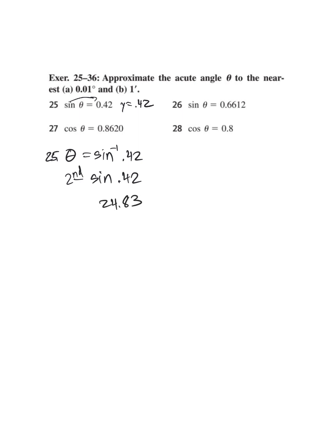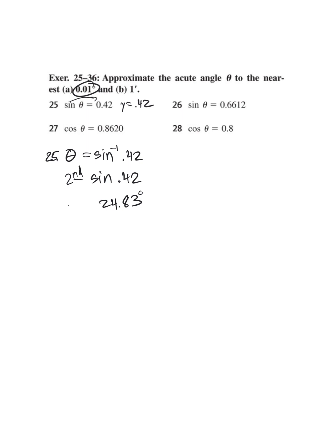24.83. So just to check it, if you put 24.83 and hit the sine of that as degrees, you get 0.419927. Okay, this says to the nearest 0.01 degrees, to the nearest hundredth. So that's why we said 24.83. Now, it wants it to the nearest minute.